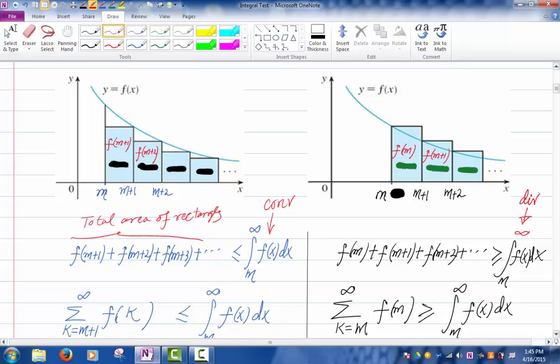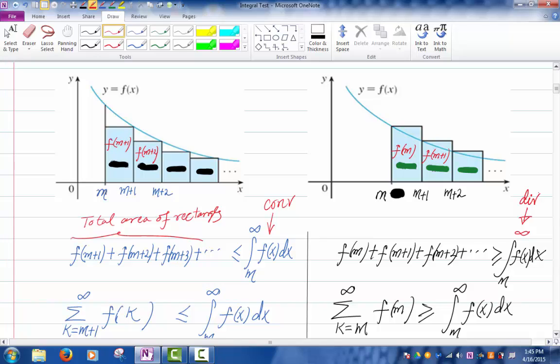In terms of the graph, it means that the area below the graph of f from m to infinity has infinite area, right? It doesn't have finite area anymore. Okay. Now let's do the same thing.